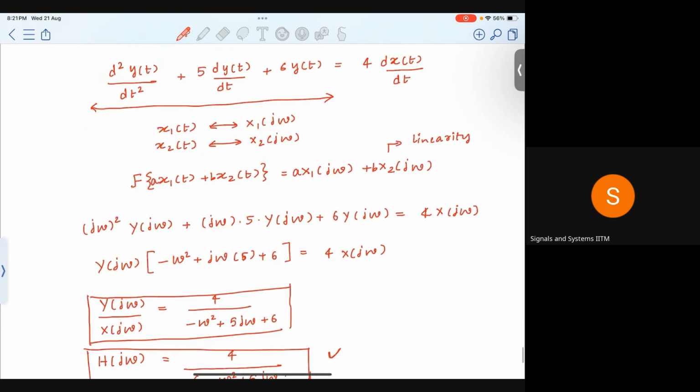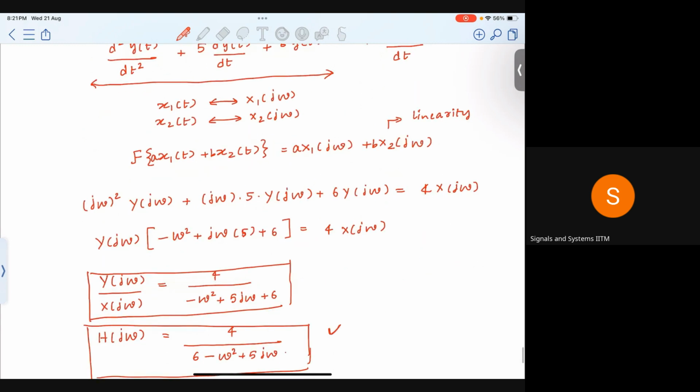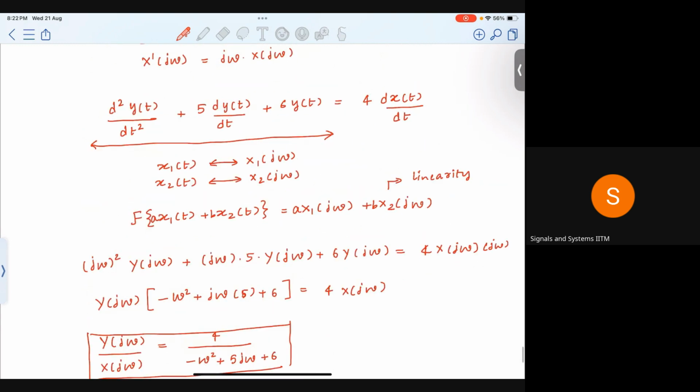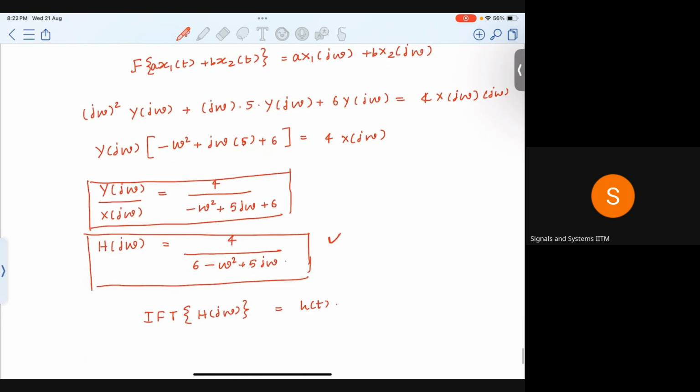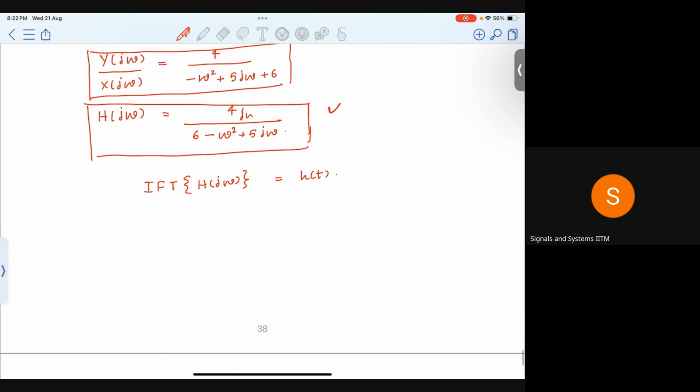I think I missed one term here. This should be j omega, because of d by dt of x of t. So there is a factor of j omega, 4j omega. How can you do this?